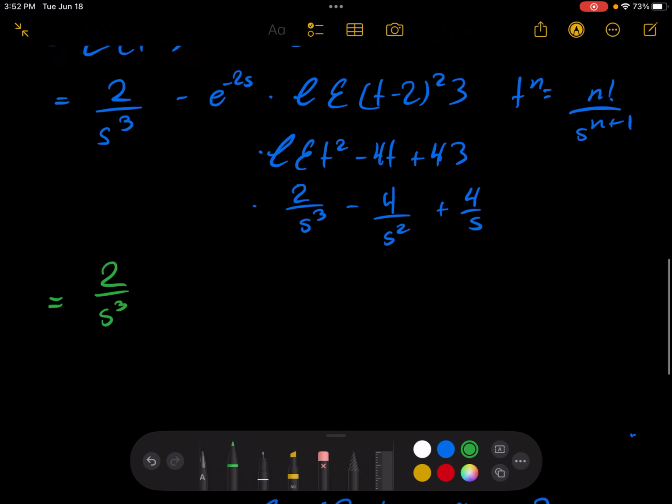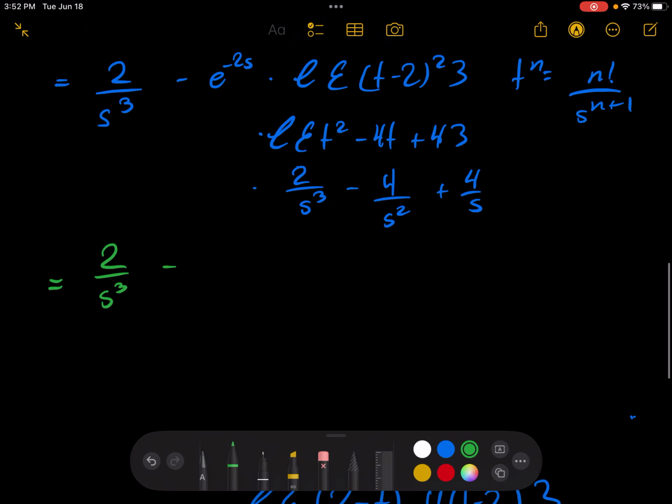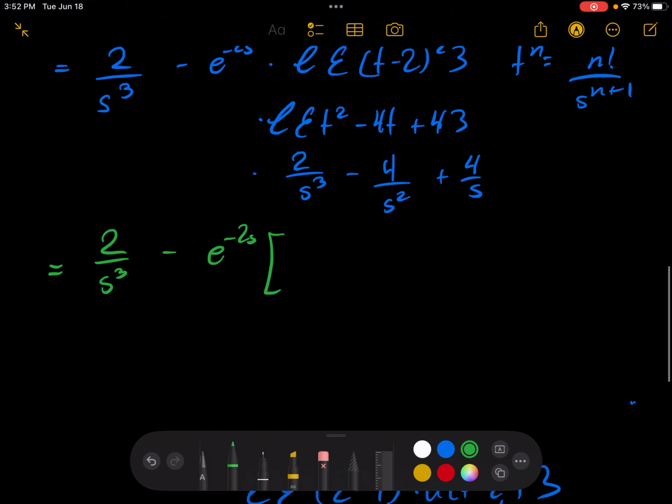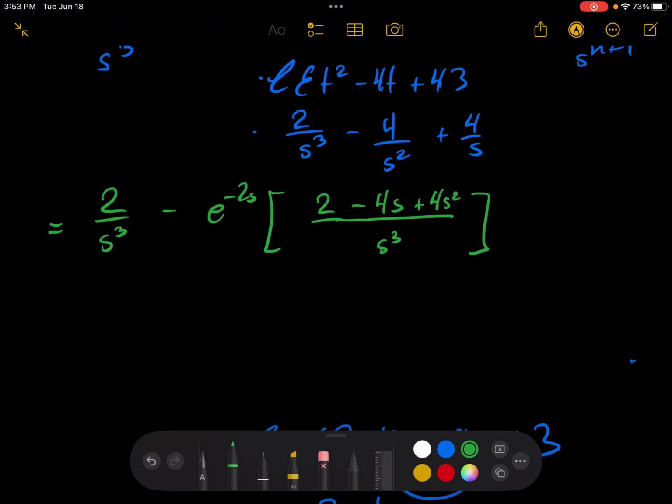So in green, we have e to the negative 2s times, so we want to put everything over a common denominator. So we'll have 2, and I'll make this long, s cubed, so minus 4s, and then plus 4s squared. And when I check that with my actual solution, we have minus 4.